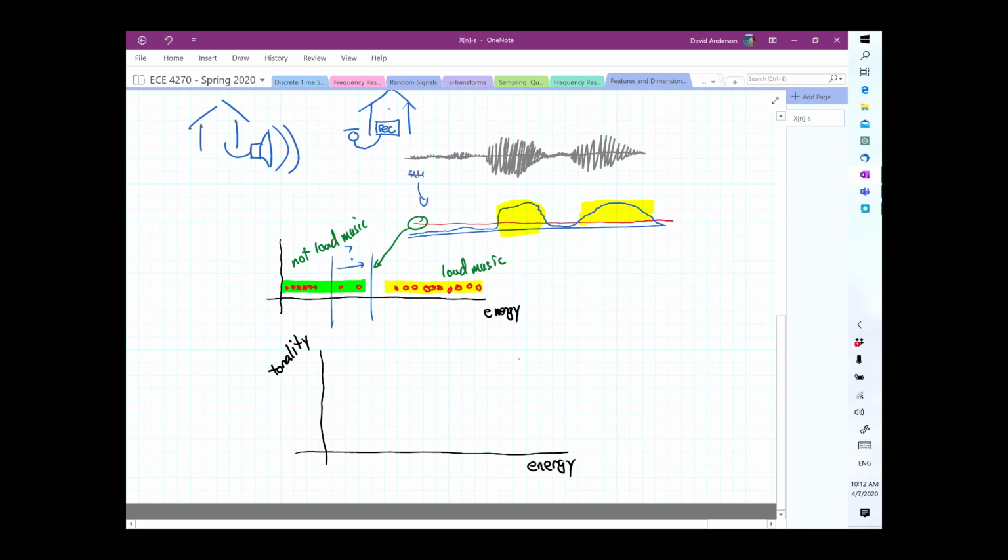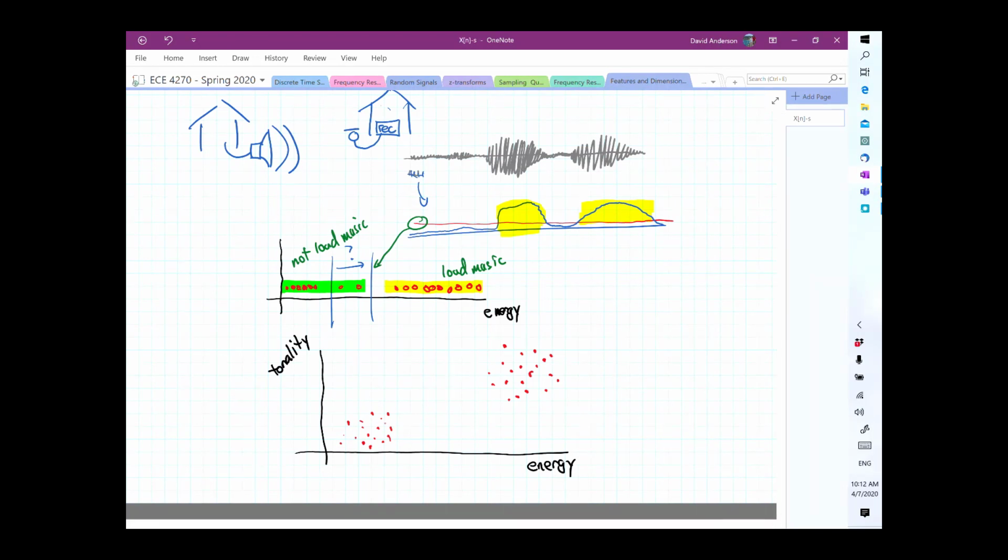And so we would expect our music to be over here, high energy with pitch. So we measure those two examples and we get over there. Noise we expect to be low energy and not a strong pitch. In other words, no prominent peaks in the frequency domain.